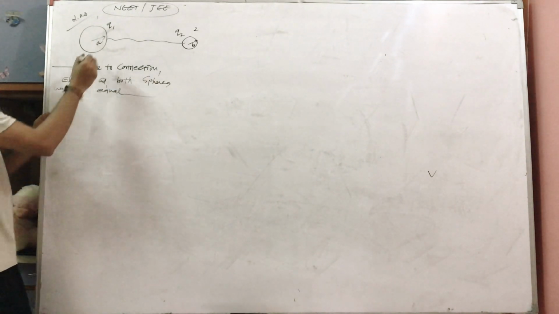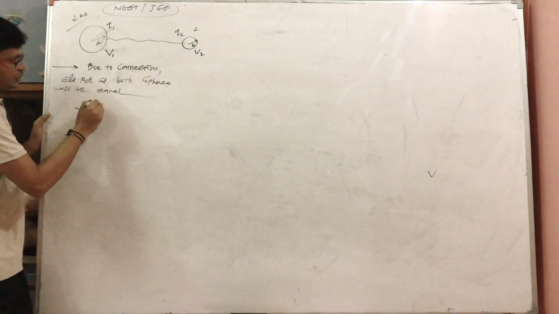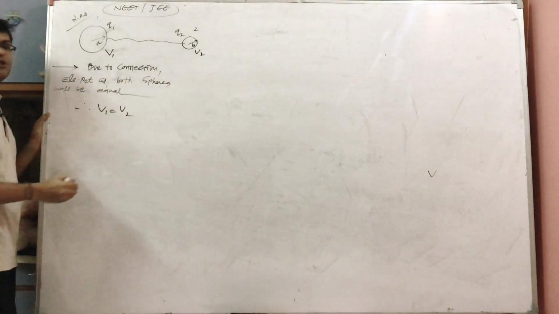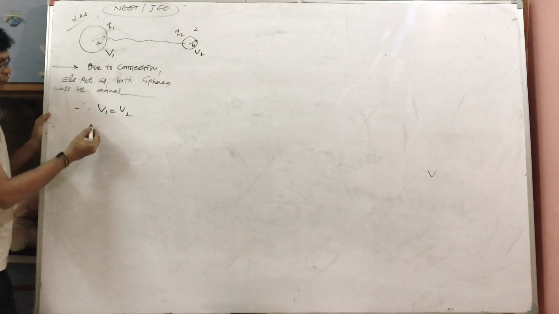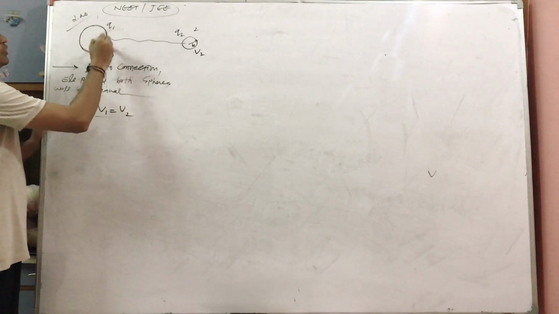Ready? So let the potential on the first sphere be V1, and the potential on the second sphere be V2. So V1 is equal to V2. Okay, so V1, you know that very well. What is the potential on the surface of this sphere?